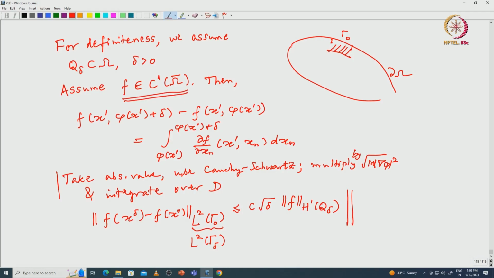functions which are C1 in omega bar, but we have already learned that C1 omega bar is dense in H1 omega, and since we are only using integrals here, this is also valid for f in H1 omega by density.